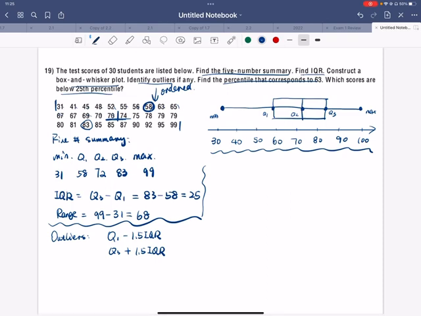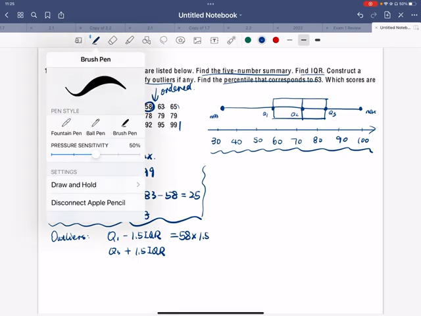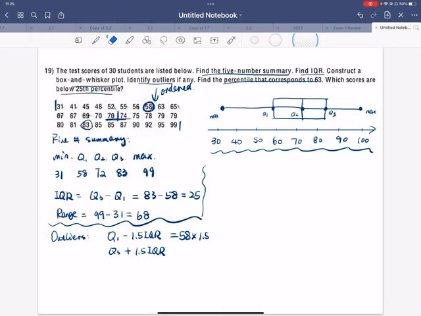So let's calculate those numbers. Q1 minus 1.5 times IQR, which is 25. 58 take away 1.5 times 25 equals 20.5.